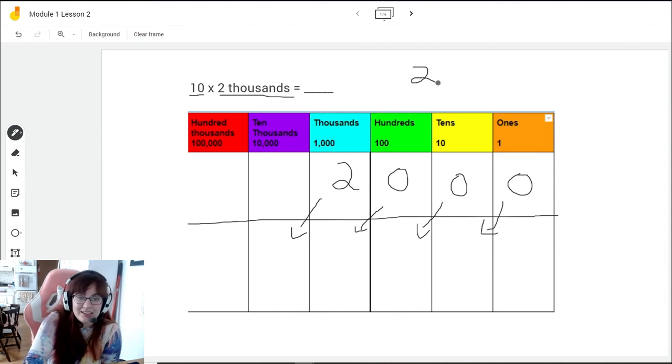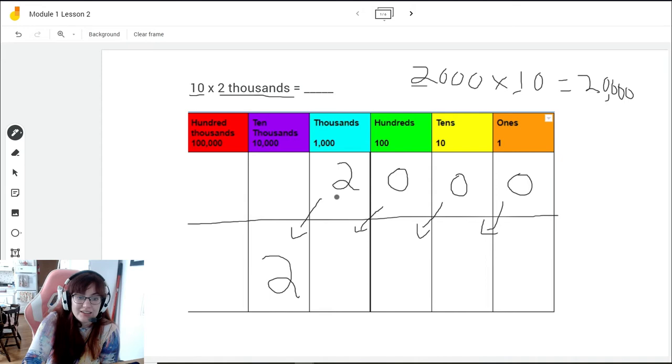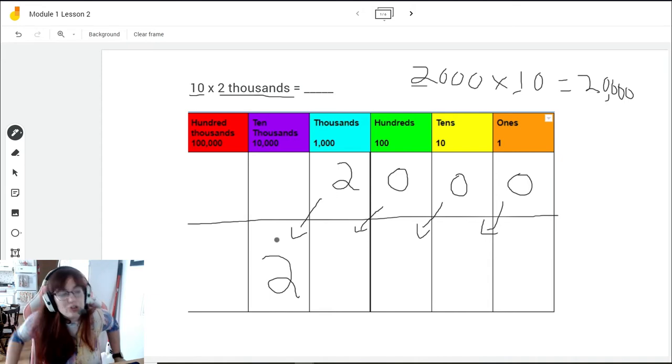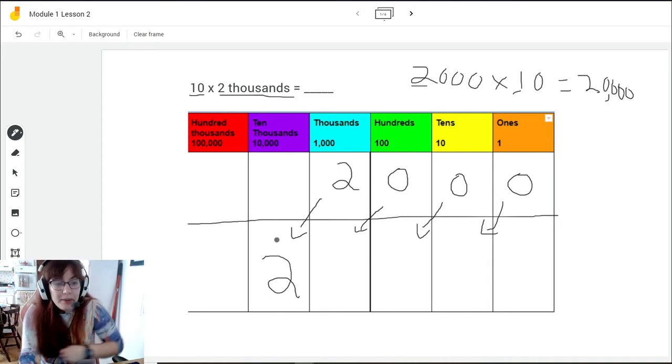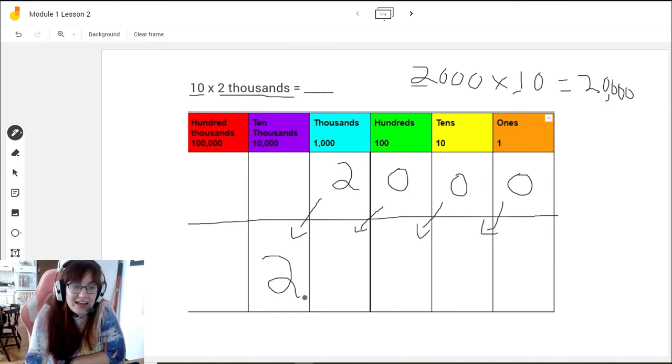It's just like saying if I have 2,000 times 10, I can think of this as 2 times 10, which is 2, and then I have 1, 2, 3, 4 zeros. So I have 1, 2, 3, and 4, and that gives me an answer of 20,000. So that's why when we do 2,000s times 10, it shifts over to the 10,000s place value, and now I have 2 10,000s.